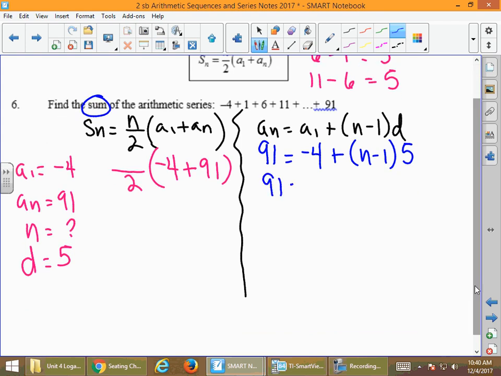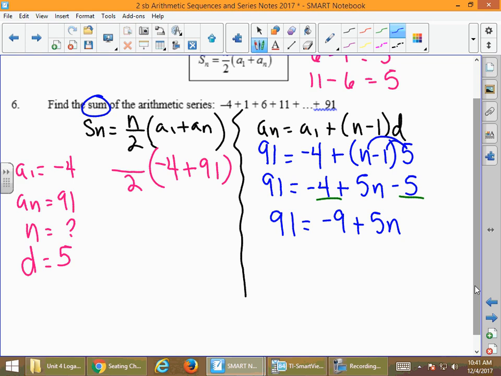So we get 91 equals negative 4 plus 5n minus 5. Combine like terms, and we get 91 equals negative 9 plus 5n.